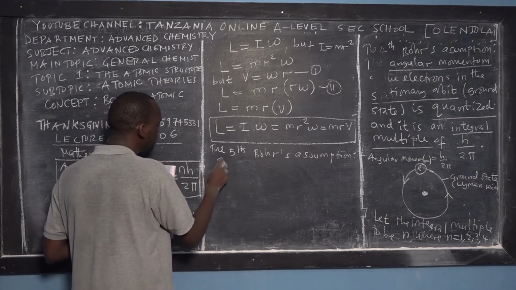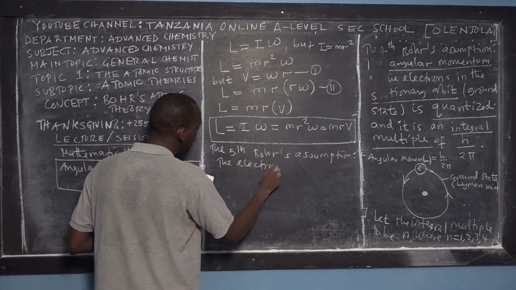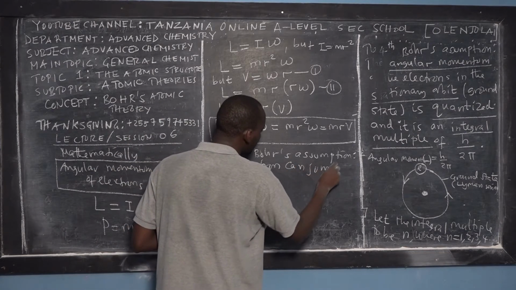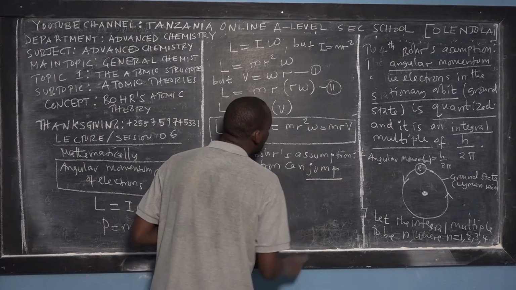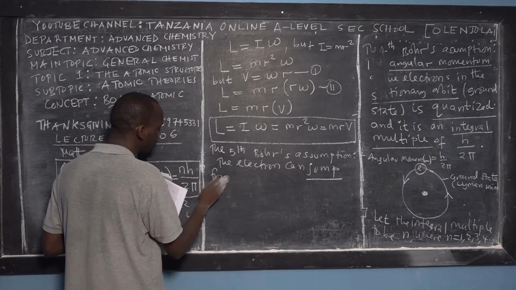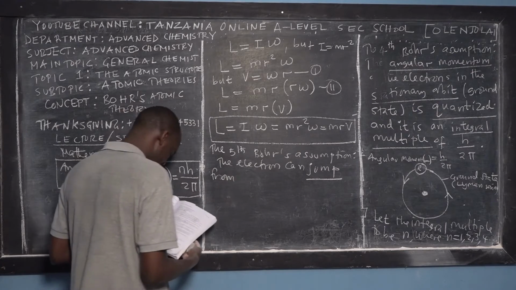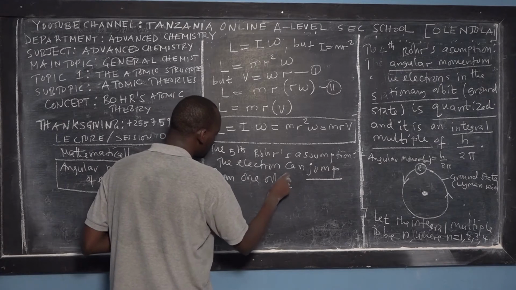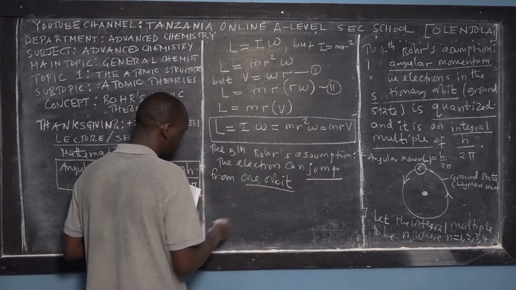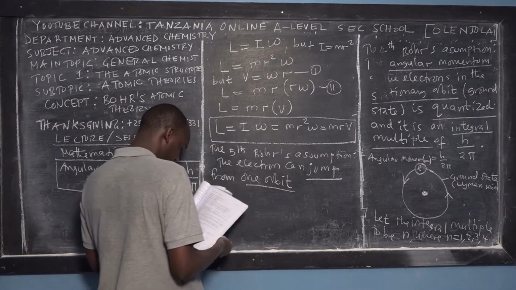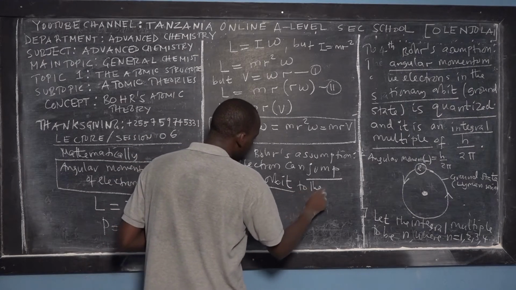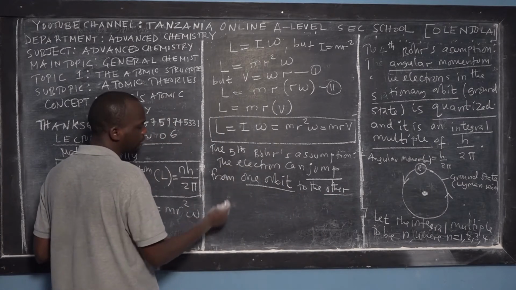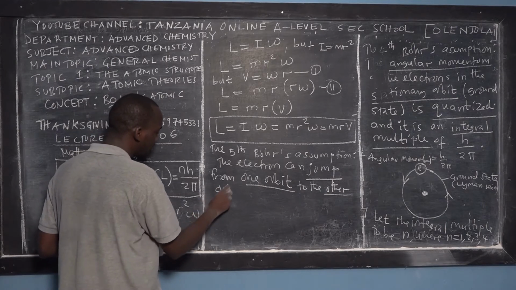He said that the electron can jump from one energy level, from one orbit, to the other orbit. This is a very important contribution of Bohr's.